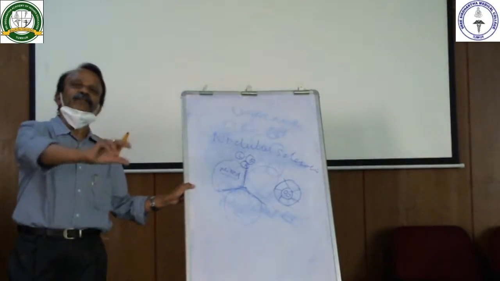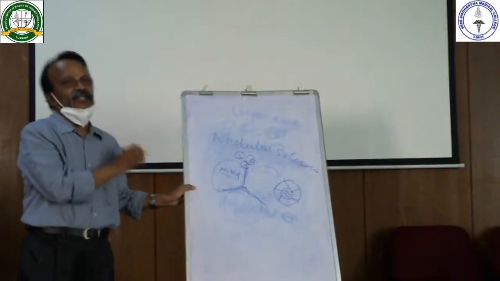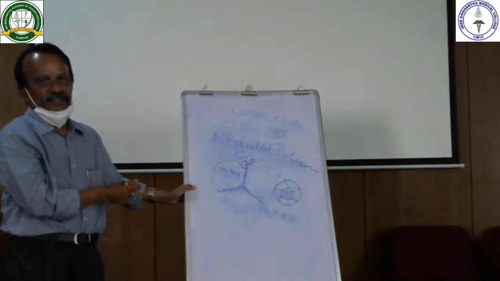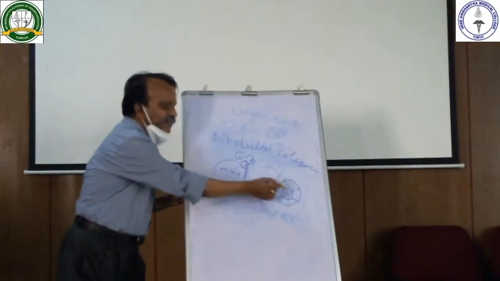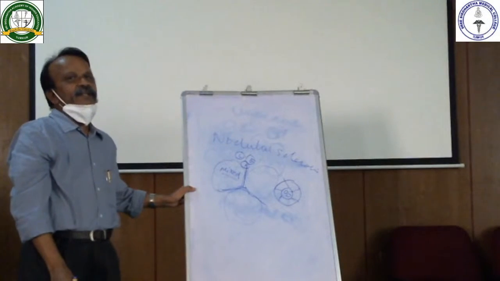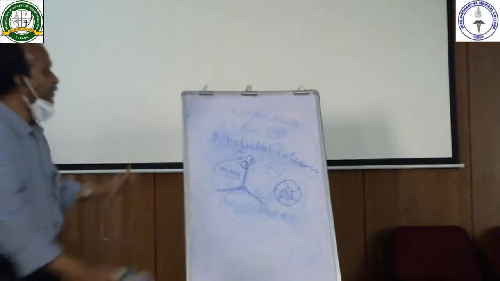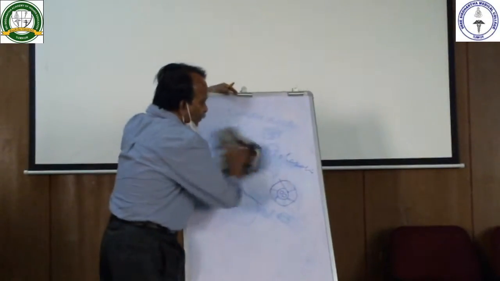Some areas of necrosis can be seen in this nodular sclerosis type. Along with that, the important cell, the lacunar type of Dorothy-Reed-Sternberg cell, is seen in nodular sclerosis Hodgkin's lymphoma.